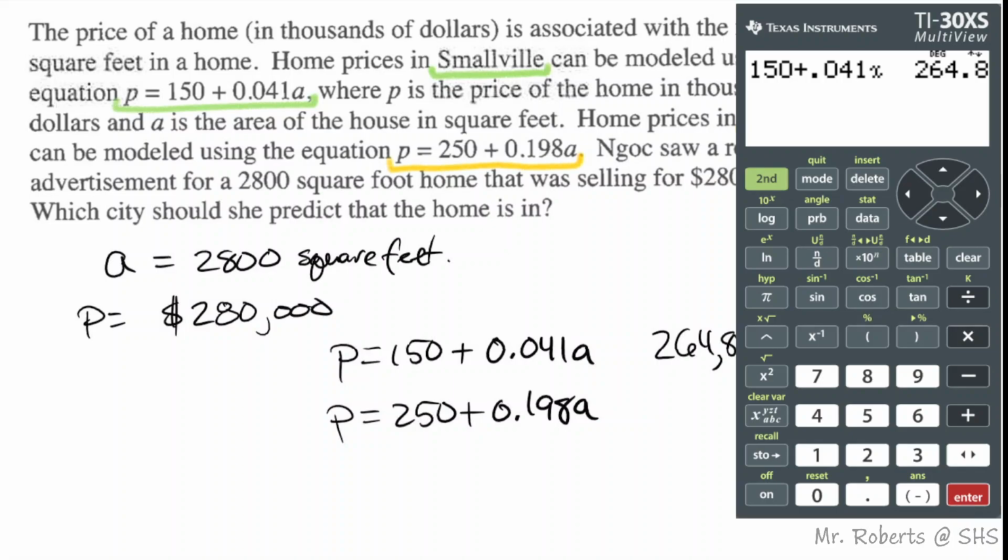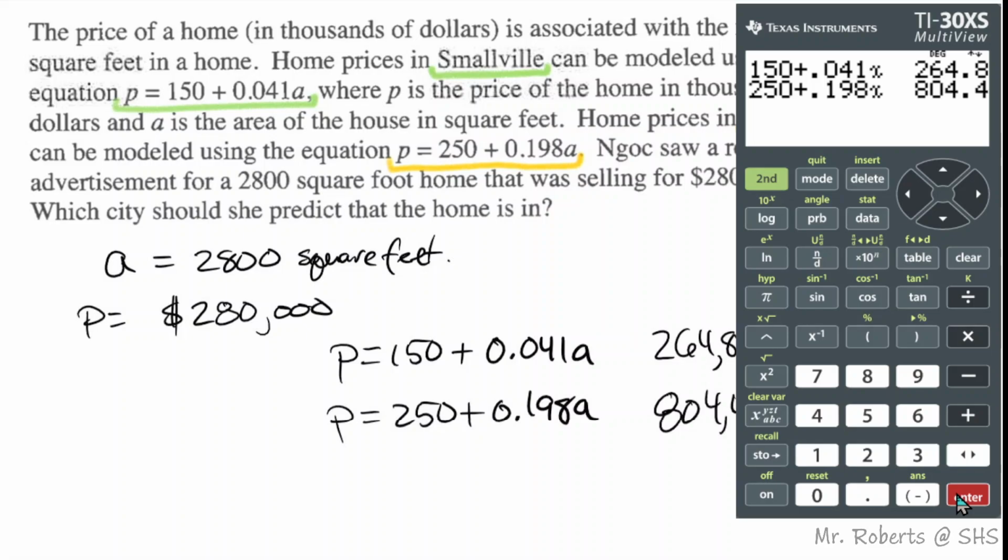And then in Fancyville, the model was 250 plus 0.198x, and when I do that, I get a lot: $804,400.